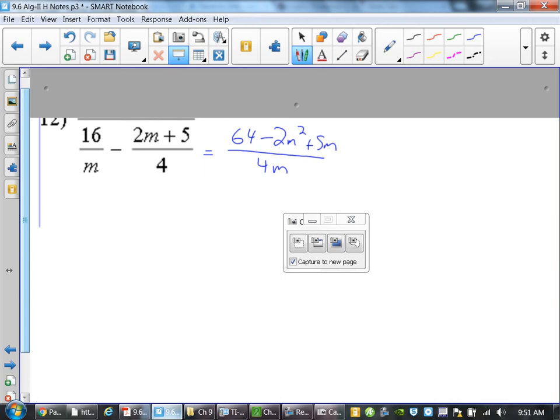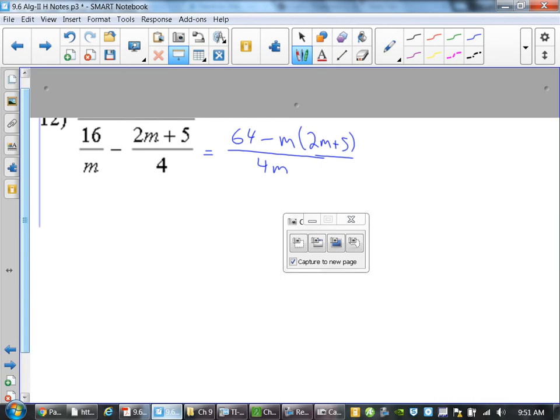Even if it already has an m in there. Actually, let me rewrite this here, because I just made a mistake with the distributive property. Even though it has the m, where is that m located? It's up top, isn't it? You're worried about the bottoms here. So now I distribute out the negative m, and I made that mistake because I went too fast.